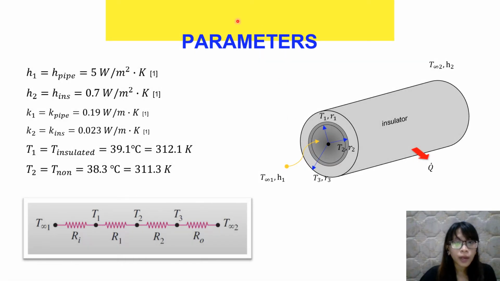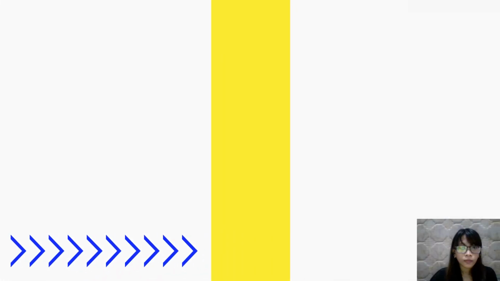Here are the other parameters needed, which are the h of the pipe, the h of the insulator, the k of the pipe, the k of the insulator, and then the temperatures that we have recorded before. I got the parameters from the source that I have included in this file. Now is the computational part.